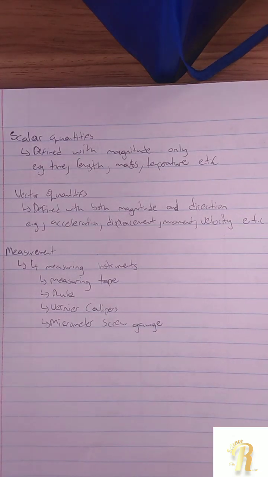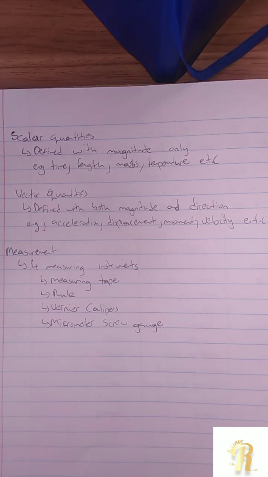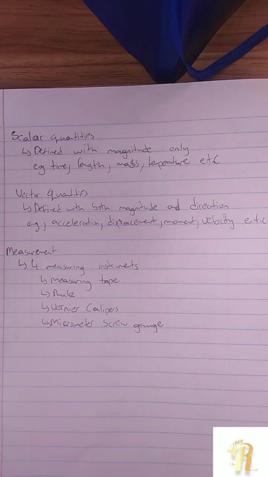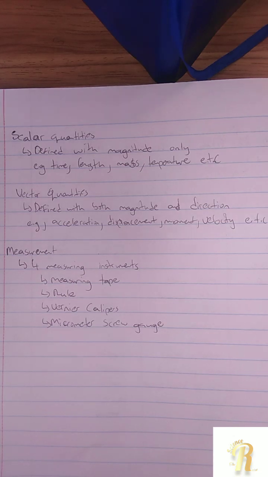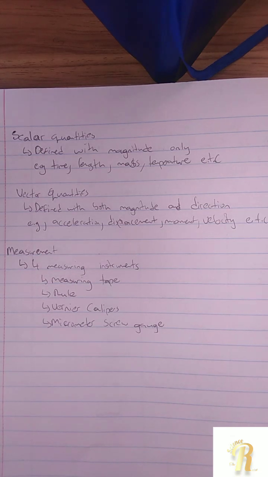The most accurate measuring instrument is the micrometer screw gauge, and the least accurate measuring instrument is the measuring tape or the rule.